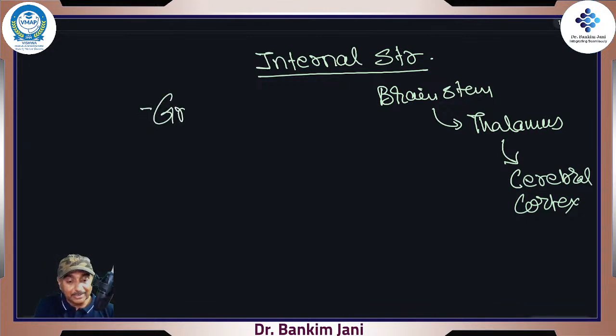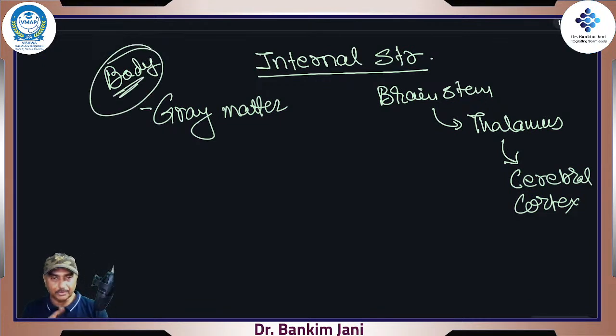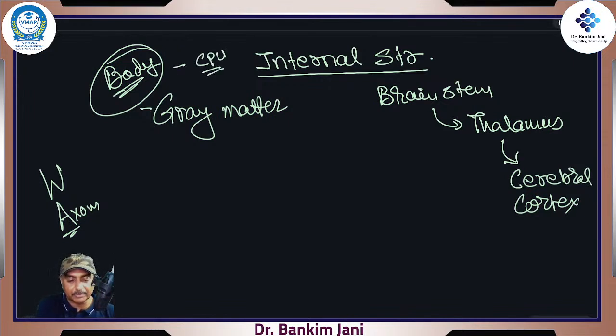Now when we say gray matter, immediately you will say gray matter consists of, yes, gray matter, G, curved, it consists of bodies of nuclei, right? And when it comes to white matter, straight lines, white matter will be consisting of axons, right? So this is the body, and this body is like our CPU, our processor, right?